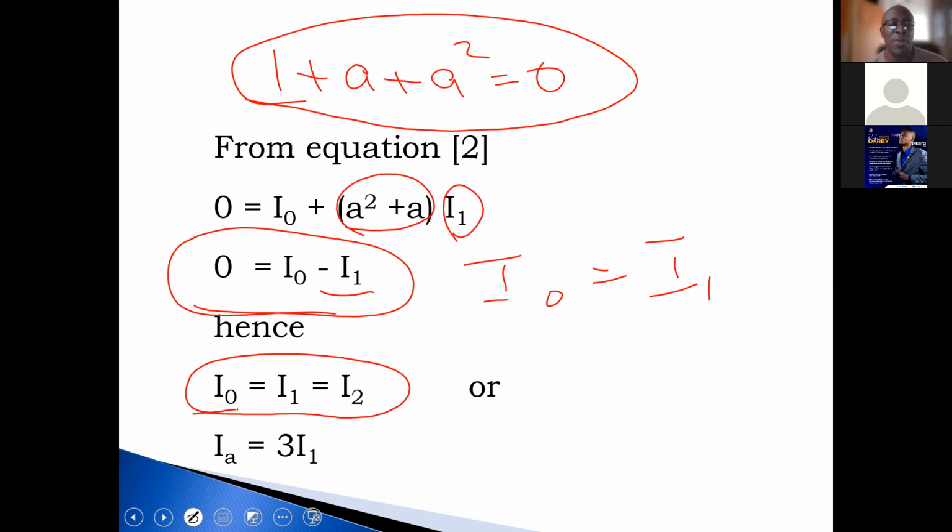Coming back to the fault, however, I0, I1, and I2 being equal, based on the simplified networks that we would have had, what this is telling us is that the 3 circuits would have been connected in series. Because we know, by definition, that components are connected in series if the current leaving the first is the same current entering the second.